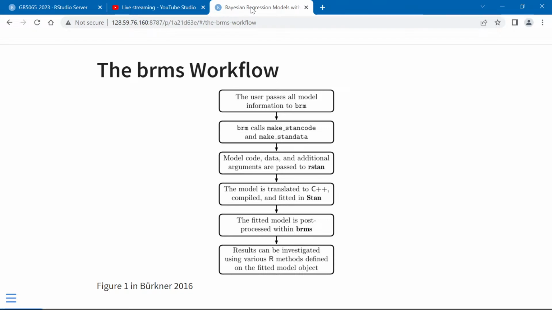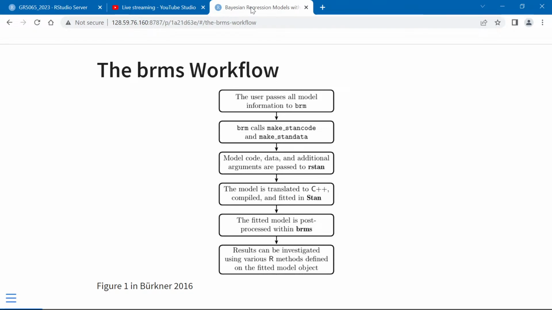The first is that the user, that being you, passes all model information to the brm function in the brms package. That's going to include at least enough information to define a likelihood function and specify priors on all the parameters in that model.